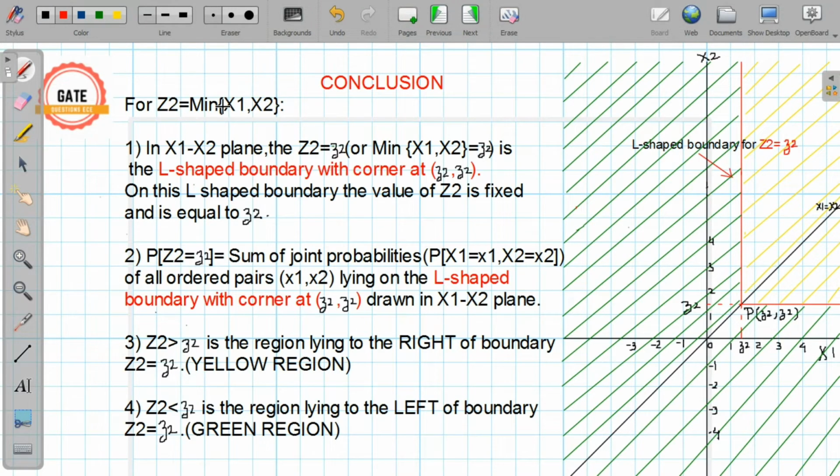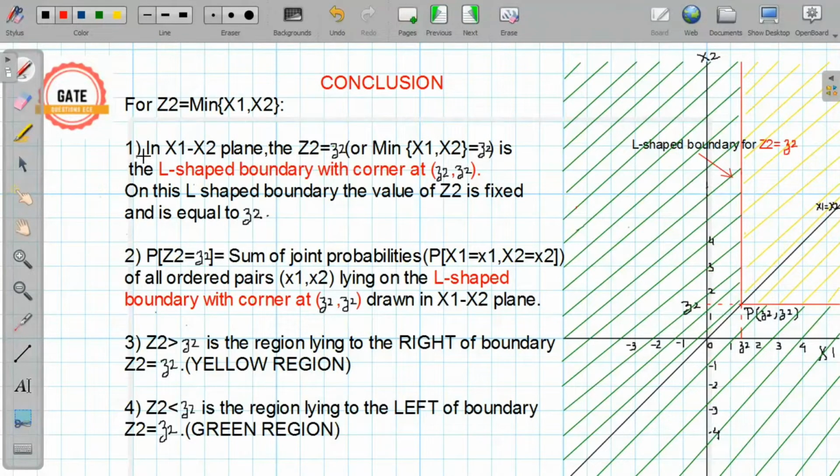Before going to the solution of part B of this problem, I would like to make you understand how the CDF of this function Z2 will look. To understand that, we need to understand these 4 conclusions about Z2 equal to the minimum of x1, x2.